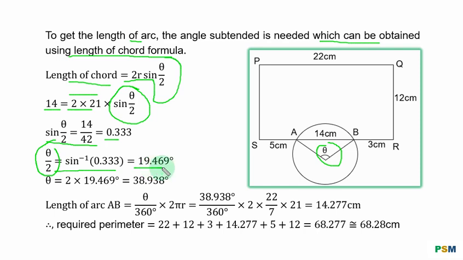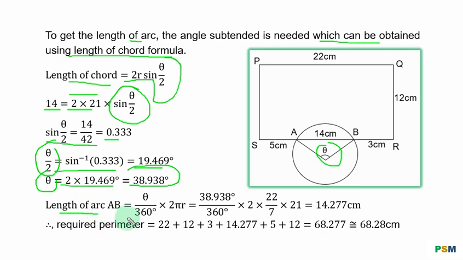19.469 degrees. To get theta, multiply through by 2 to clear fraction. You have it in this form, and that is 38.938 degrees. We can now get the length of arc AB in order to get the perimeter.